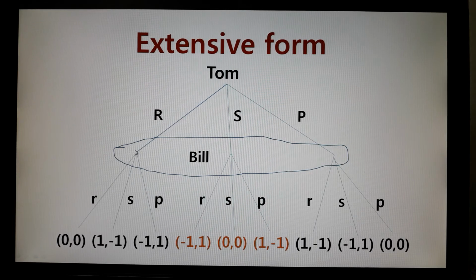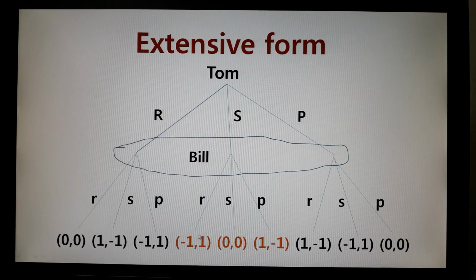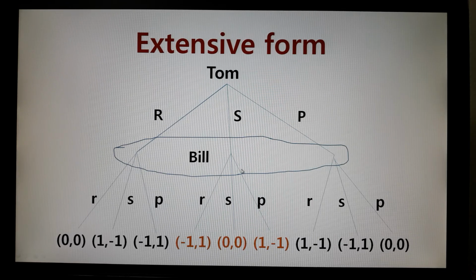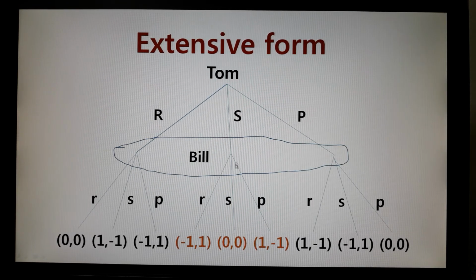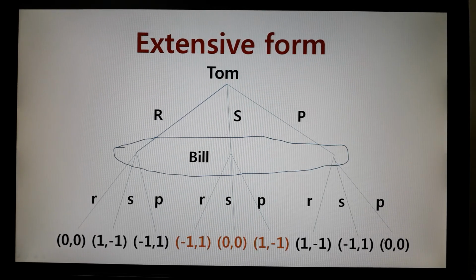If Tom chooses rock, Bill chooses paper, who wins? Bill. So the second number goes to Bill, 1. The loser Tom gets -1. If Tom chooses scissors and Bill chooses rock, Bill wins again. Bill gets 1. Tom, who chooses scissors and loses, gets -1.